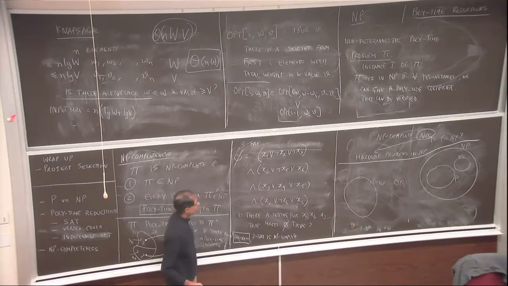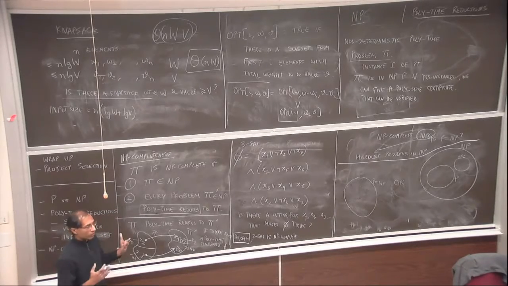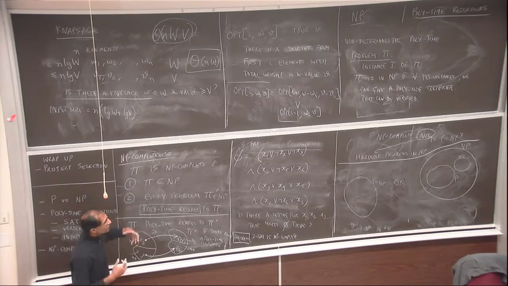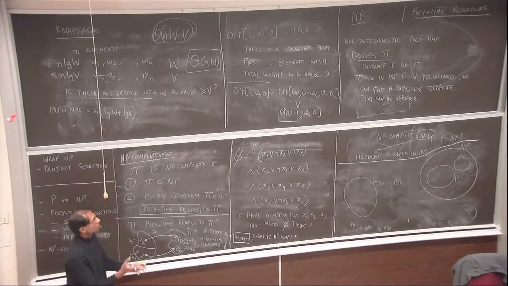This was shown by Cook and Levin, and this result has won a Turing Award and a lot of recognition for that kind of work. And then once you prove that one problem is NP complete, you are able to prove many other problems are NP complete by showing that SAT reduces to that problem.